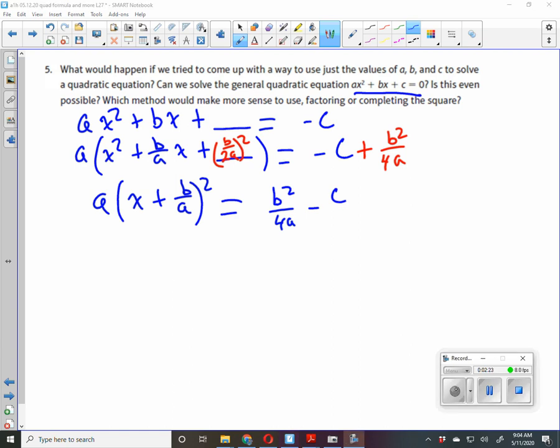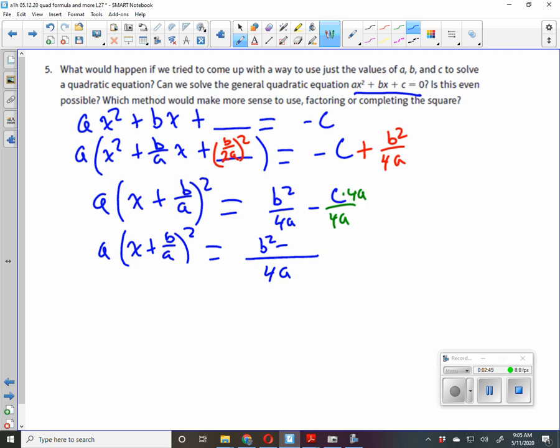So it would be nice if I had a 4a, so I had a common denominator, right? That means I got to multiply this by 4a. So I'm going to rewrite this as a times the quantity x plus b over a, squared, equals my common denominator, b squared minus 4ac.